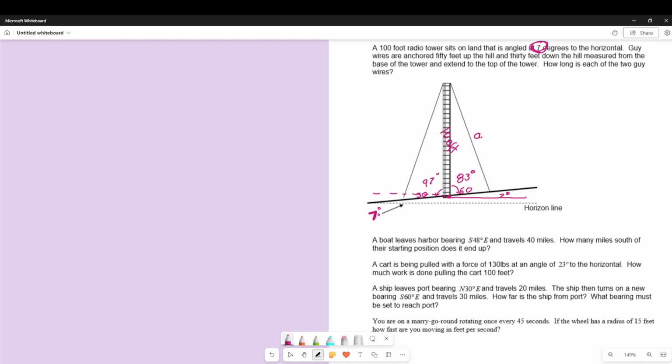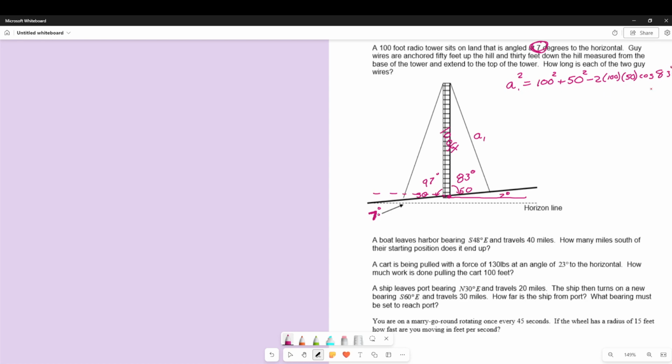If we want this length, I'm going to call it A1. While Pythagorean theorem wouldn't work, law of cosines takes Pythagorean theorem and adjusts it for non-right triangles with that minus 2 times 100 times 50 times the cosine of the angle that's not quite the 90, so 83 degrees.